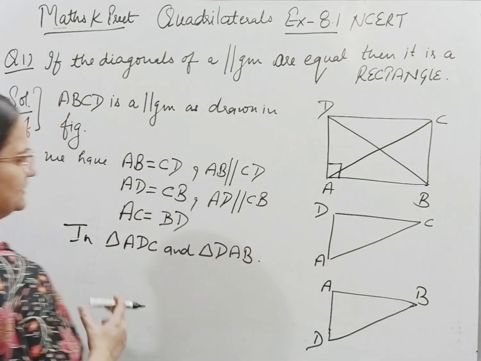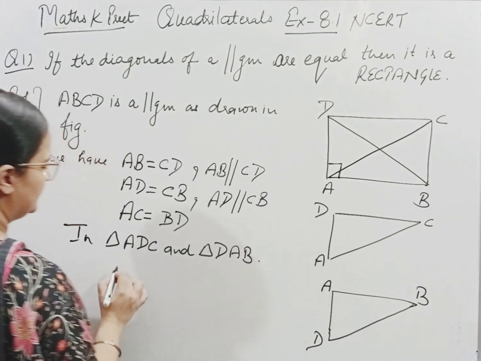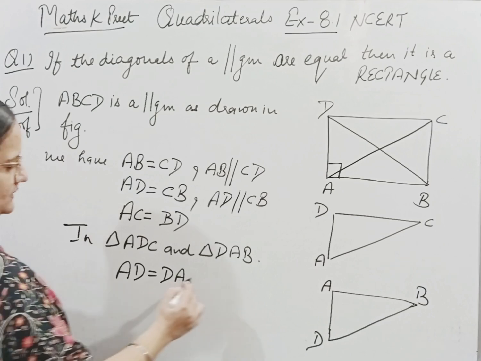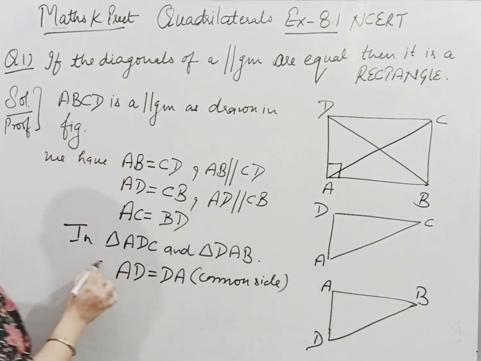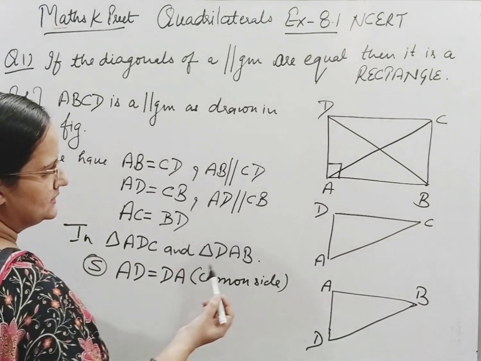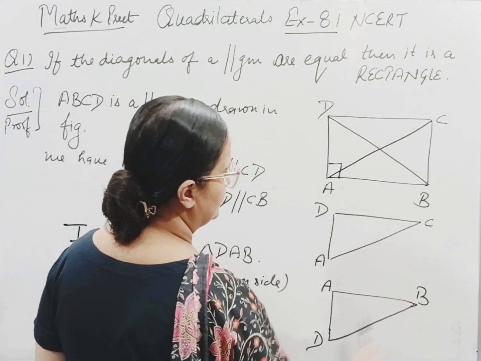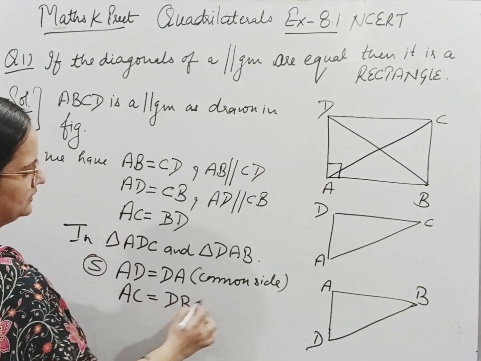Now in these two triangles, what is common here? AD is common to DA. So AD is equal to DA, the common side. What else? AC is equal to DB, why?